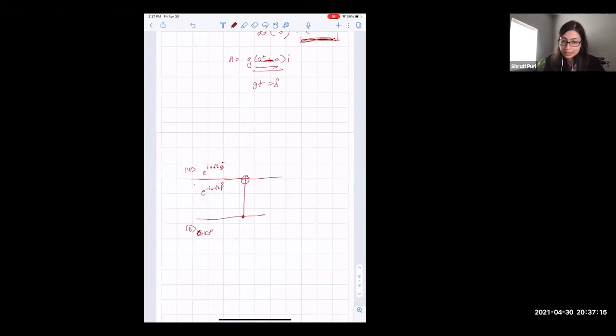What is the CX gate, if you remember? I'm sure Austin Fowler might have covered this. A CX gate is basically, if the control state is the plus eigenstate of Z, don't do anything to the target. Otherwise, you do an X to the target.